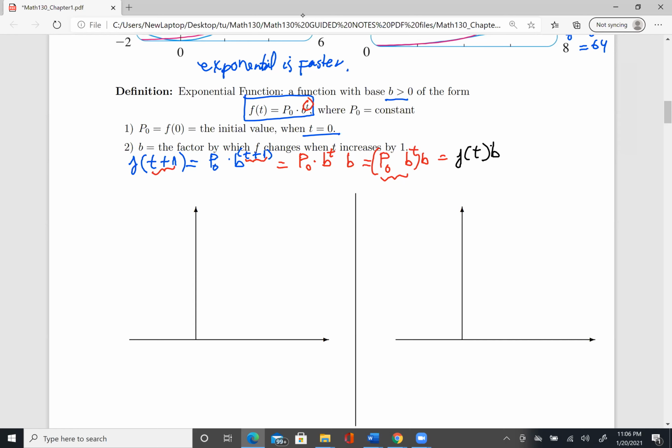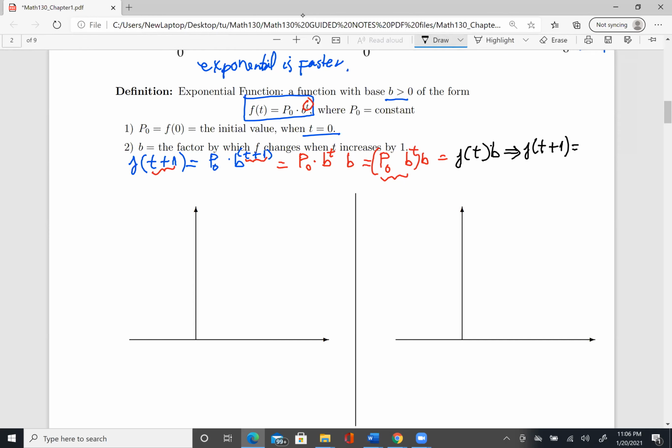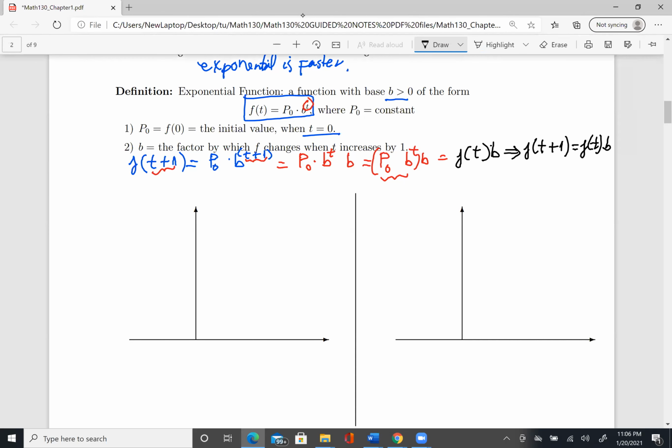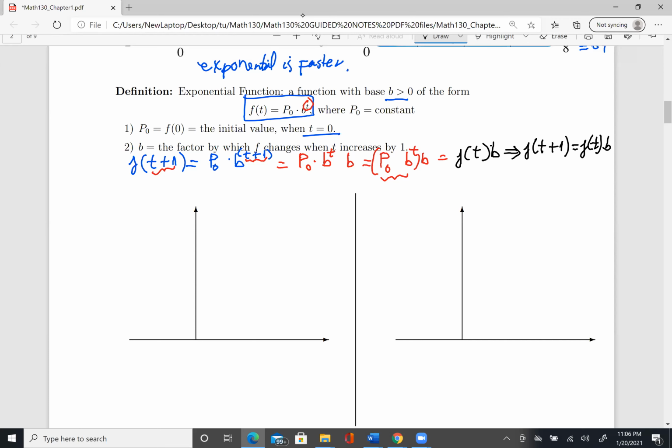In conclusion, f of t plus 1 will be equal to f of t times b. That's the reason why I say b is the factor by which f changes when t increases by 1.